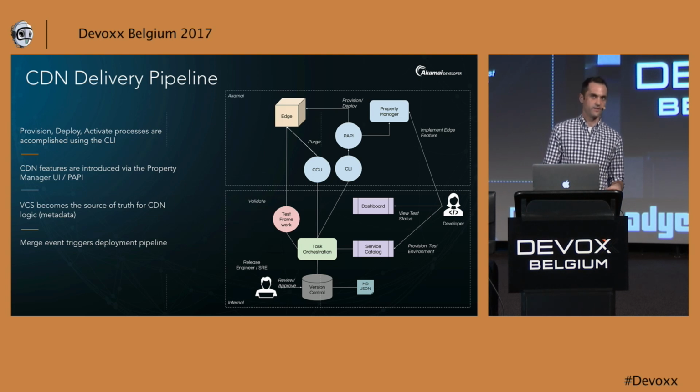We're trying to get past that and actually manage those things internally, right? And that's very important for a number of reasons, which we're going to talk about later. And then lastly, we need some type of testing framework, right? We need to build some mechanism to actually test these features, and this is very difficult because CDNs are essentially huge reverse proxies, right? Like, how do you test a proxy?